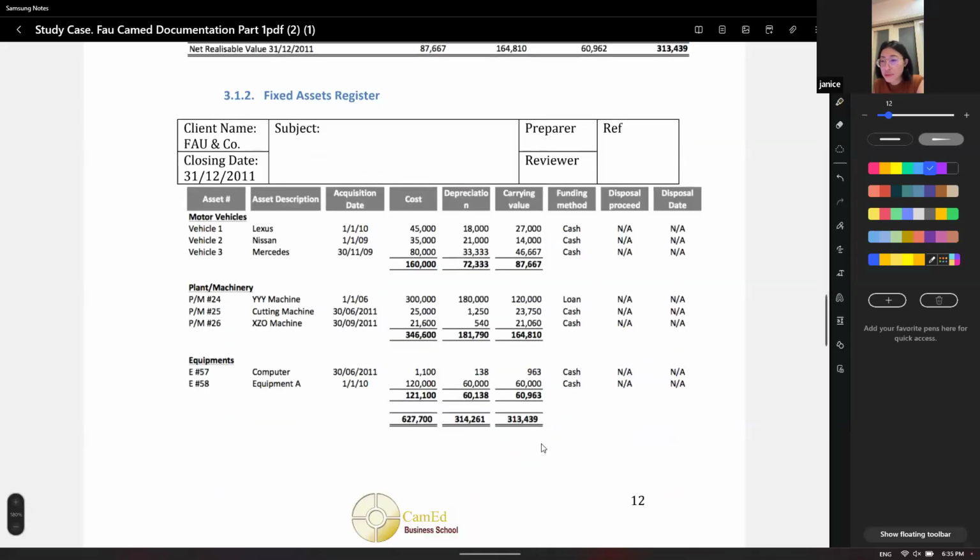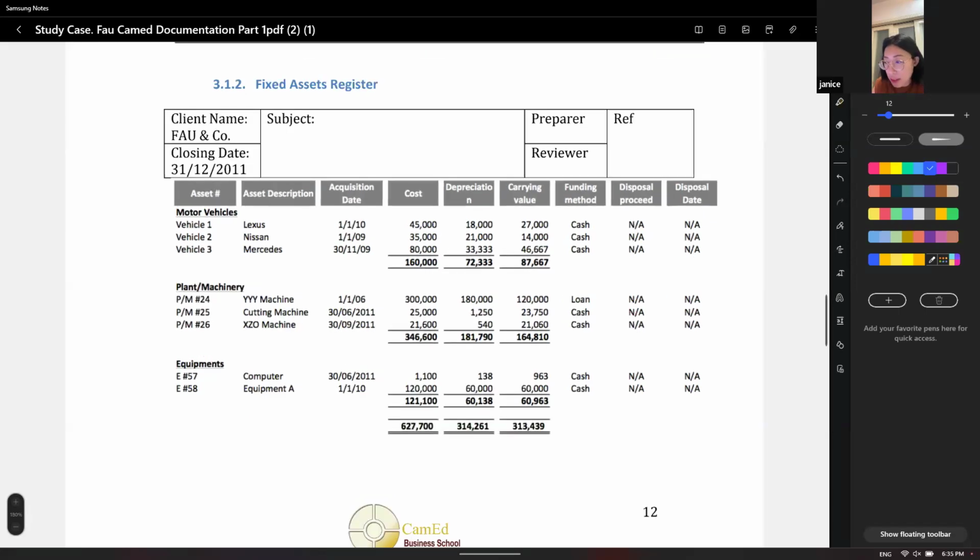We have the fixed asset register here for FAU, and we're going to be analyzing this document in detail. So what do we have in the register? Usually a normal company should have something similar to that, right?